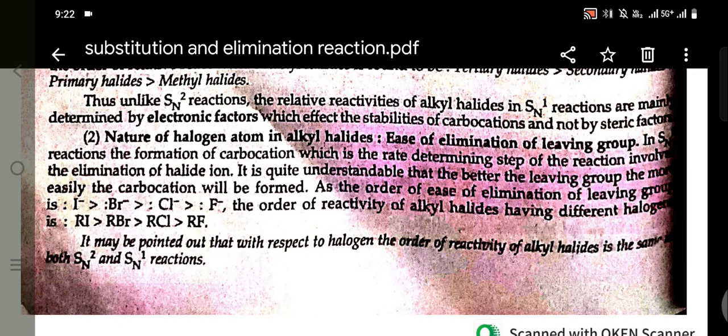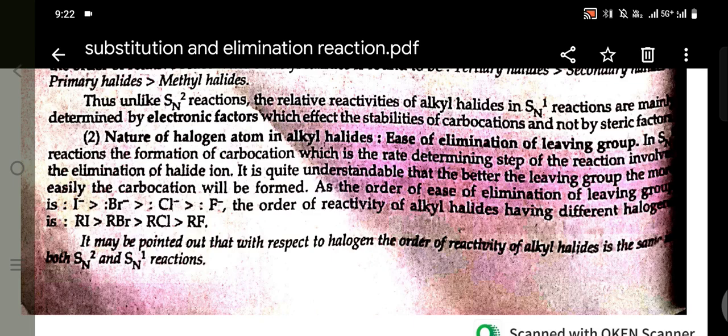Second one, nature of halogen atom in alkyl halide. Ease of elimination of leaving group. In SN1 reaction, the formation of carbocation, which is the rate determining step of the reaction, involves the elimination of halide ions. It is quite understandable that the better the leaving group, the more easily the carbocation will be formed.